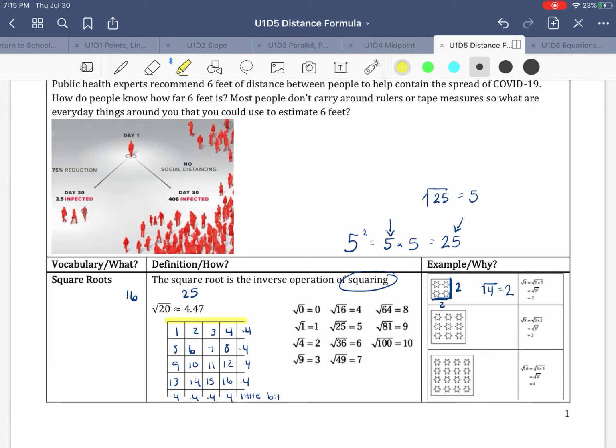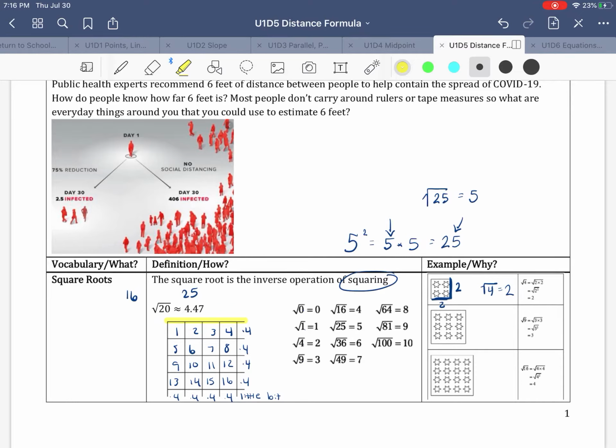We can use a calculator to check: the exact approximation for the square root of 20 is 4.47. So if you take the number inside the square root and imagine making a square of it, what would that side length be? You can use your perfect squares to help you estimate, and then use your calculator to get a more precise decimal approximation.